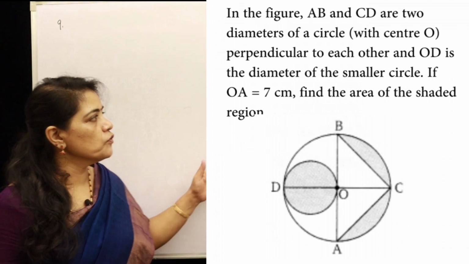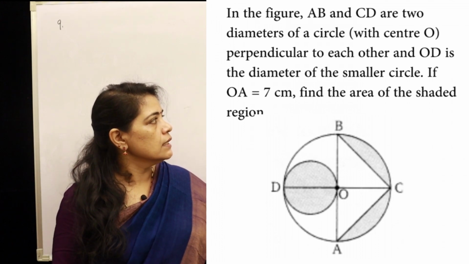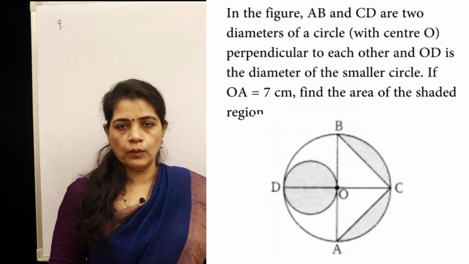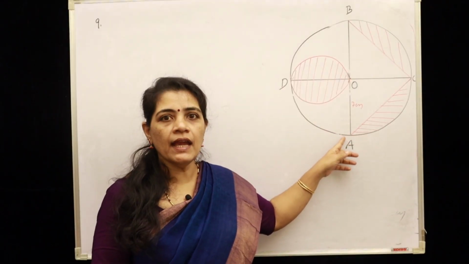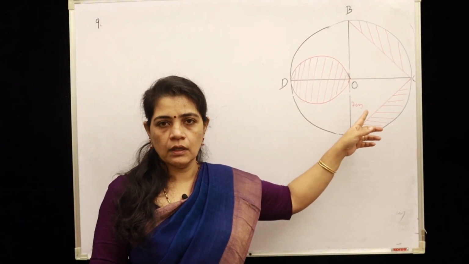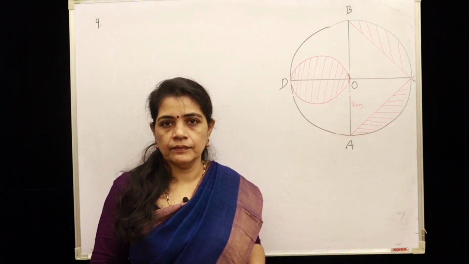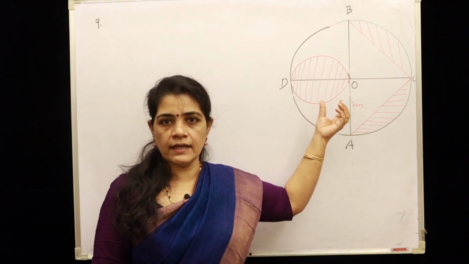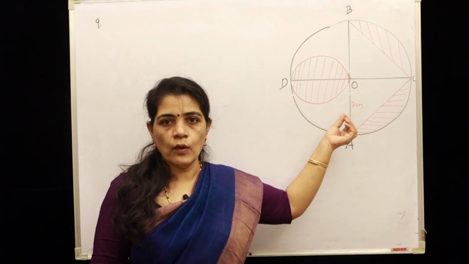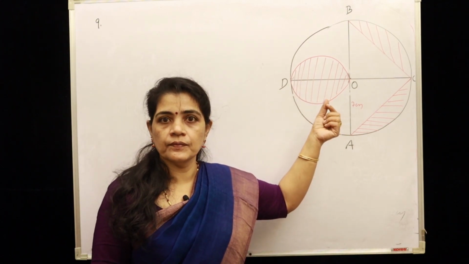Here, as shown in the figure, you can see a circle with the center O, and diameters AB and CD are drawn, and they are perpendicular to each other. And you can see one small circle inside the big circle with the center O and whose diameter is OD.